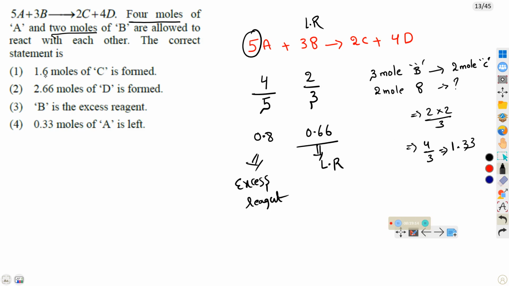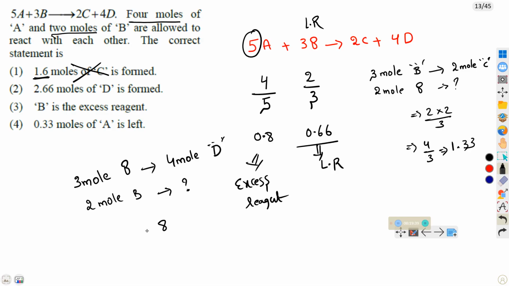But here given as 1.6. So first statement wrong. After that, take the second statement. 3 moles of B gives 4 moles of D. Then 2 moles of B gives how many moles of D? 8/3. 8/3 value is 2.66 moles. So second statement correct.